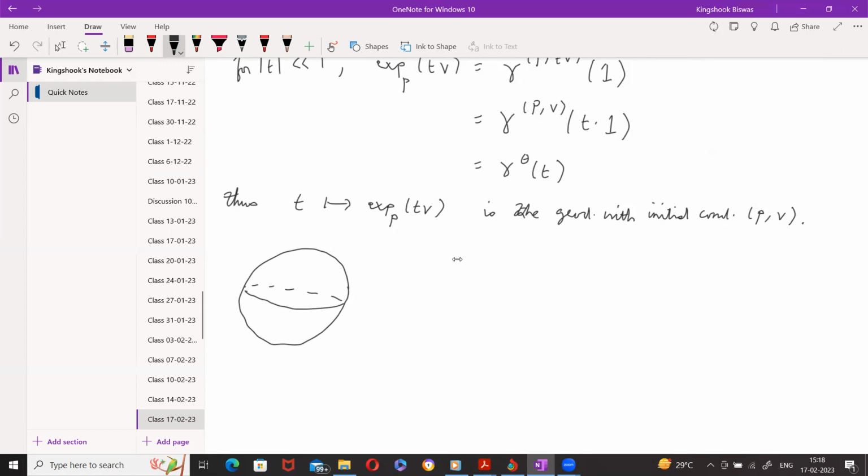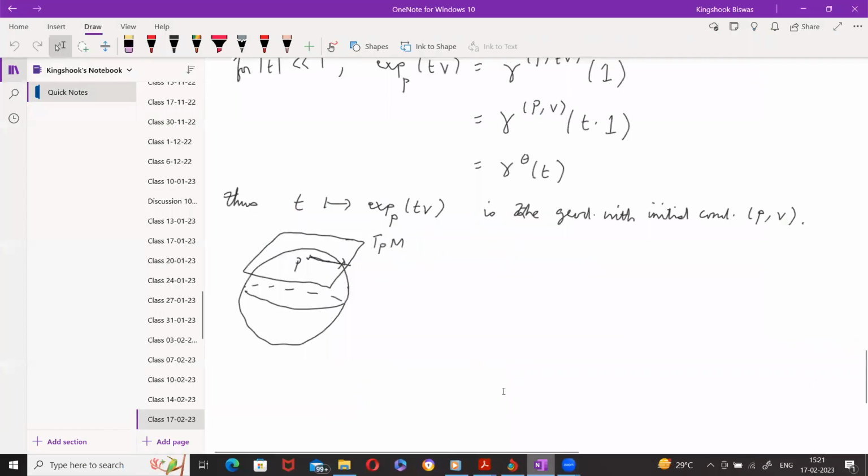Okay. This is my point P. So if I take any vector here like this in this tangent plane, right? This is say V, and I look at the straight line passing through V. Okay. So this is the straight line.